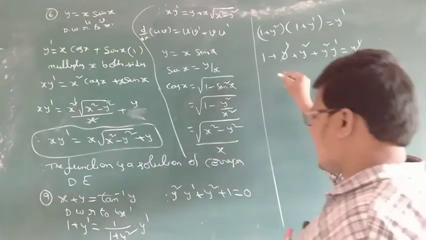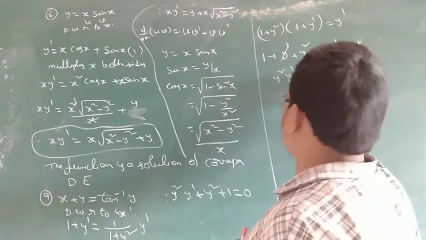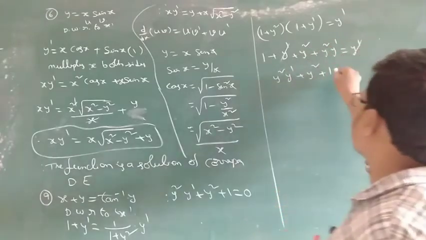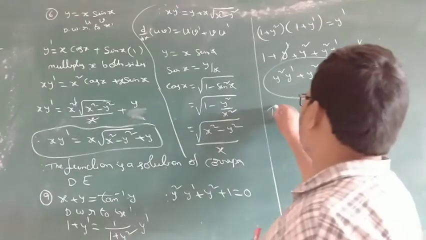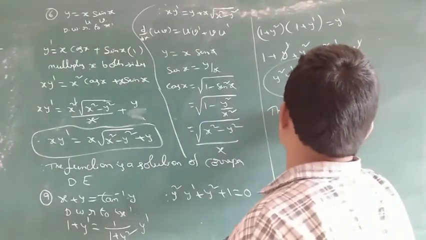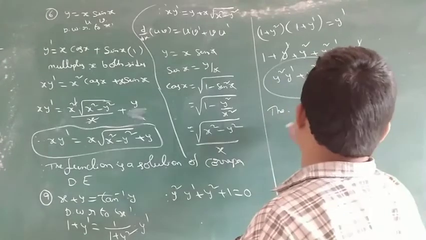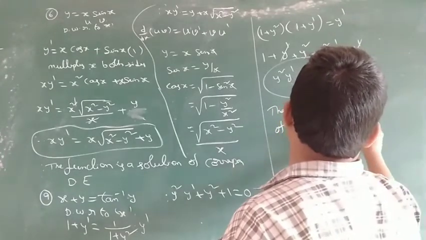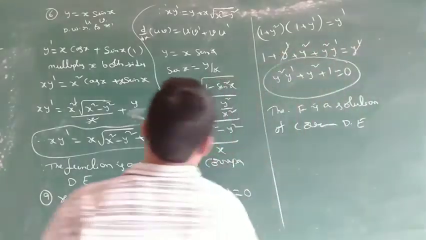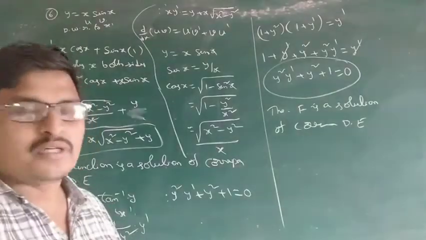Y dash cancel. So y square y dash plus y square plus 1 is equal to 0. So the function is a solution of the corresponding differential equation. So remaining 3-4 problems are there, so we have to do.